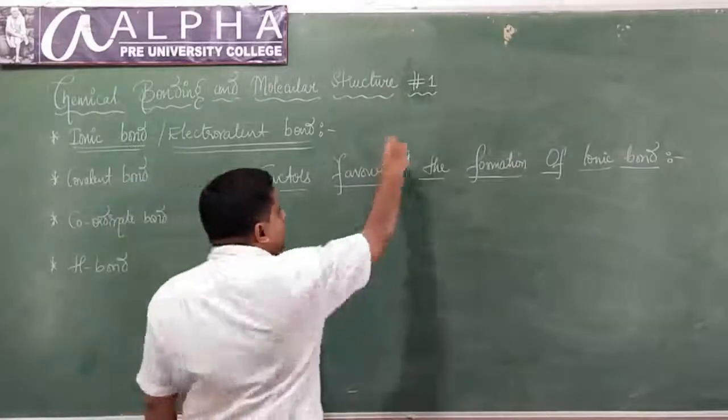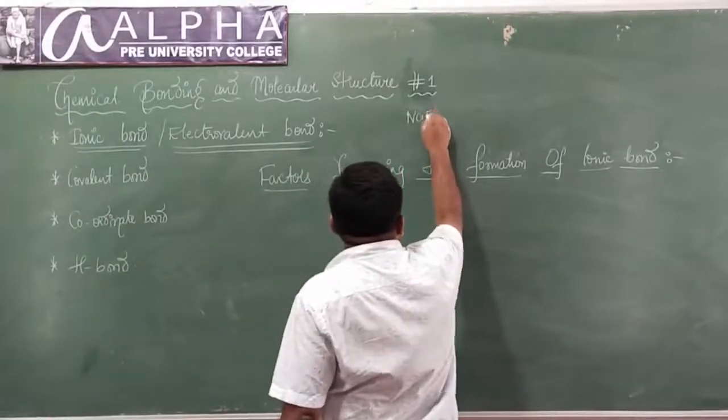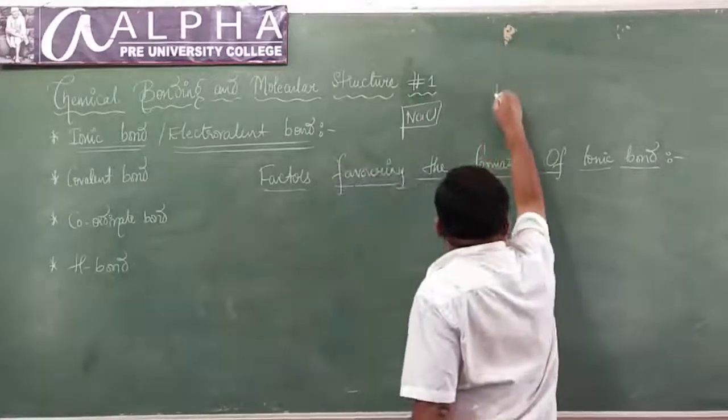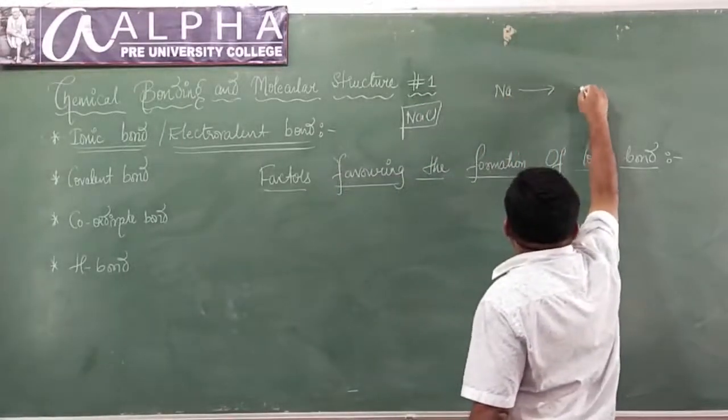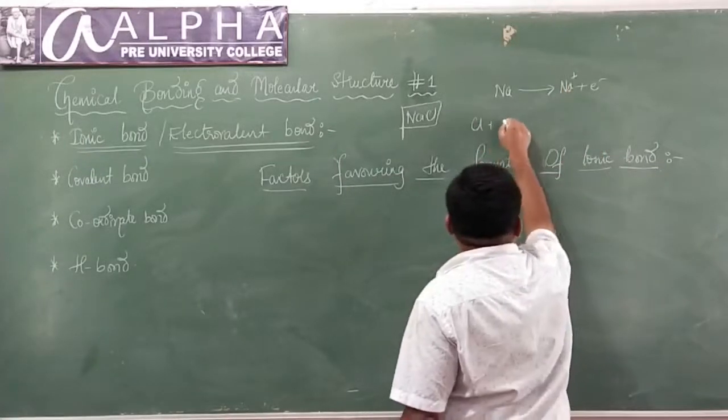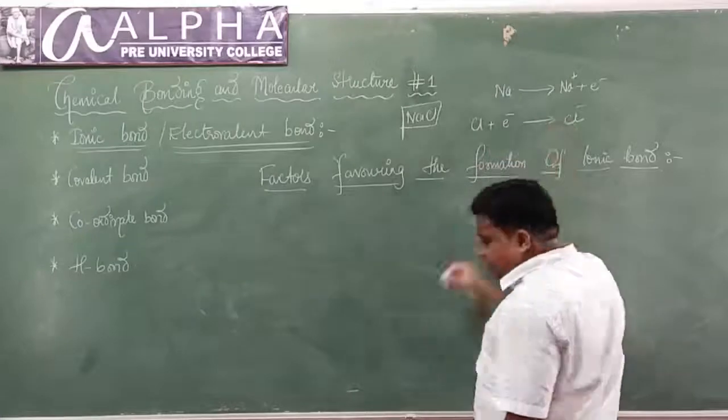See, I told you what should happen for the formation of sodium chloride. If sodium chloride has to be formed, sodium has to lose one electron to form Na plus, and chlorine should gain this electron to form what? Cl minus.